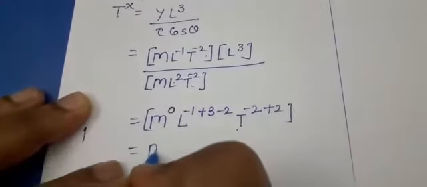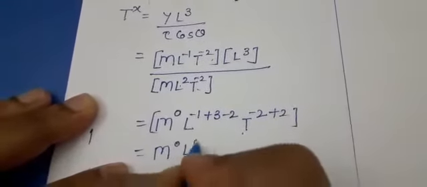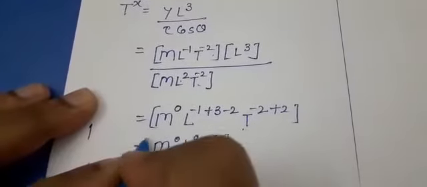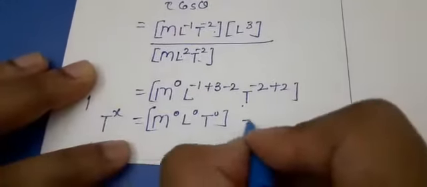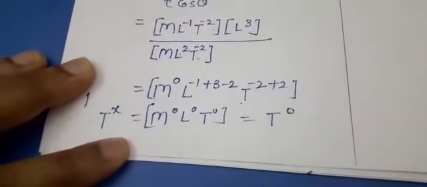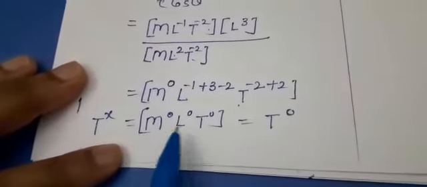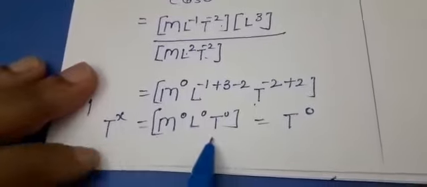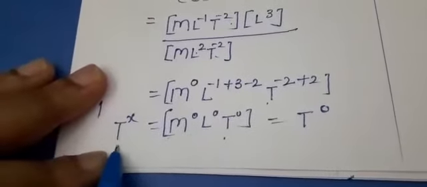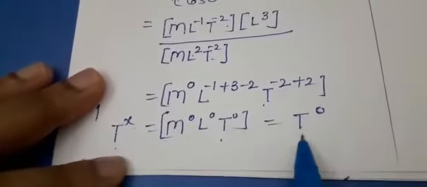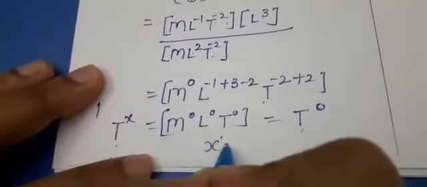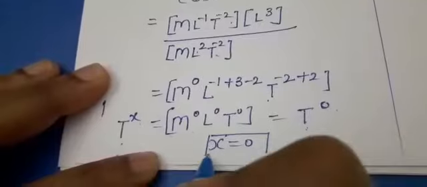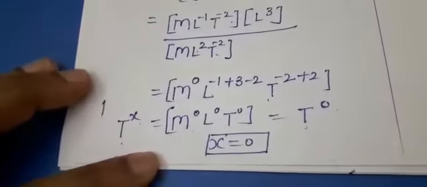So you are getting M raised to the power 0, L raised to the power 0, T raised to the power 0. So now you can write it as T raised to the power 0, because although all the terms are giving value 1, the left hand side is expressed as T raised to the power x. So right hand side should also be expressed in a similar manner. So now you can compare and get the value of x. This will be 0.